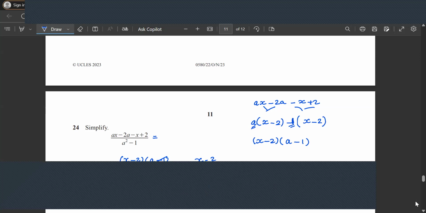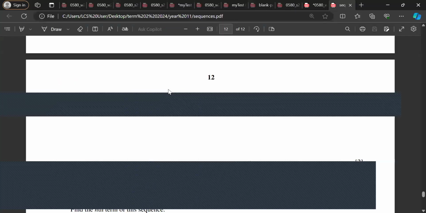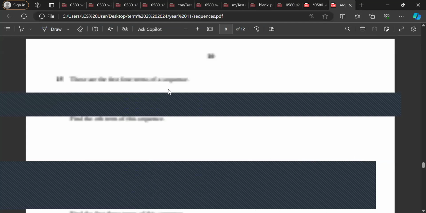This file should be what? Let me check. Okay, look at this file.